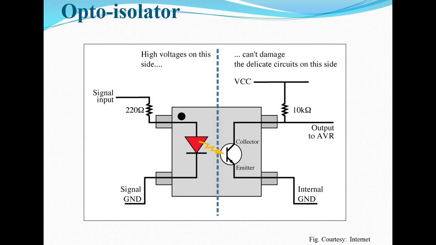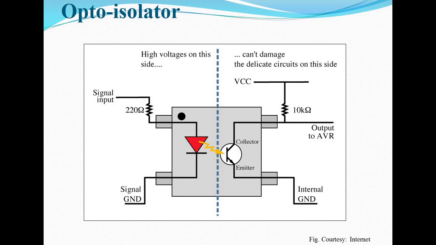In the other case, if we increase the voltage across the LED, it starts glowing, and the intensity of the light increases with increasing input voltage.